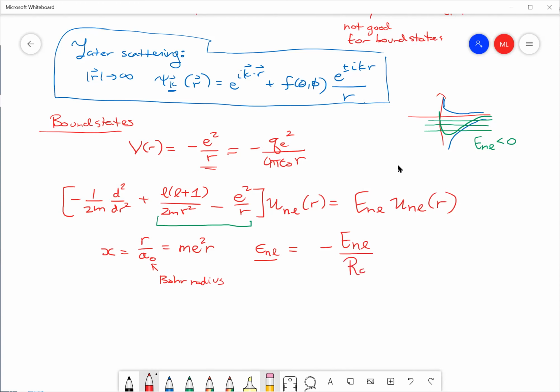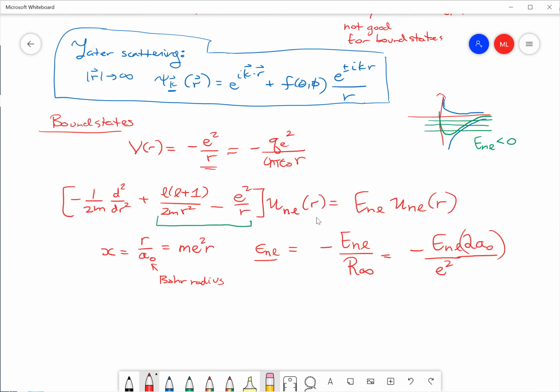The point is you divide by the Rydberg energy, which we looked at before, and in terms of e squared and m that is just e squared divided by 2 a naught, where a naught is the Bohr radius. So you can rescale in this way.